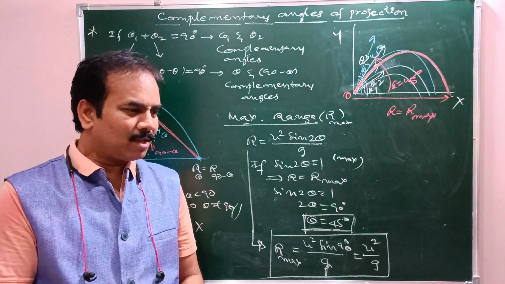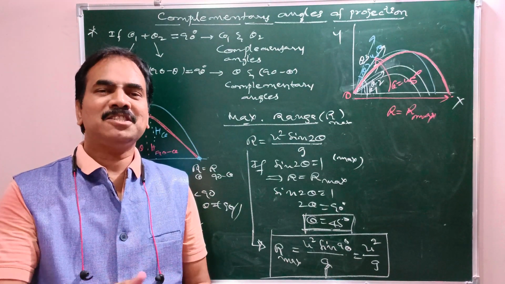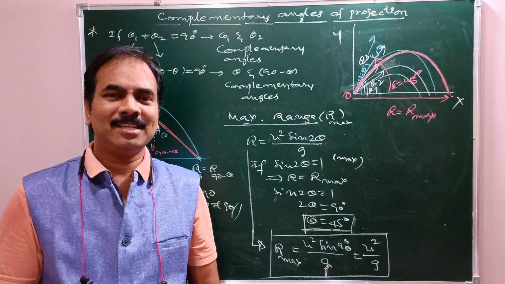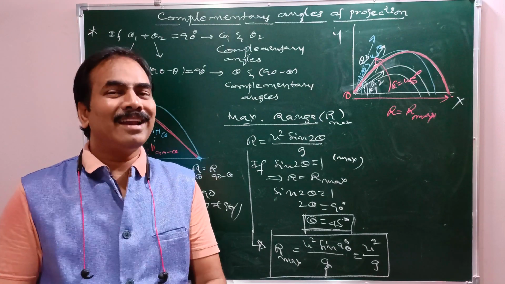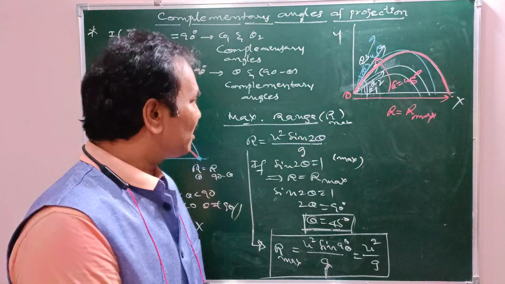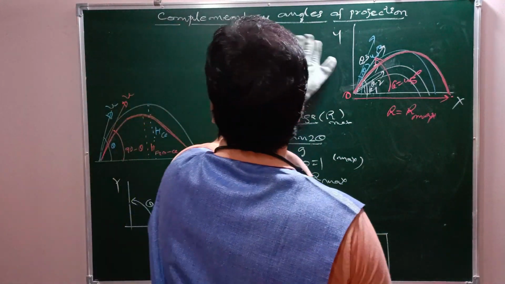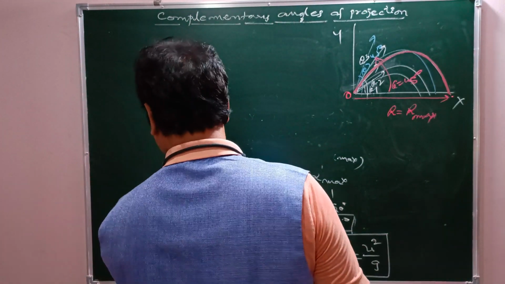In both cases, the body reaches some elevations: first h1, that is h at theta, next h2, that is h at 90 minus theta. What are the relations between h1 and h2? Let us examine.